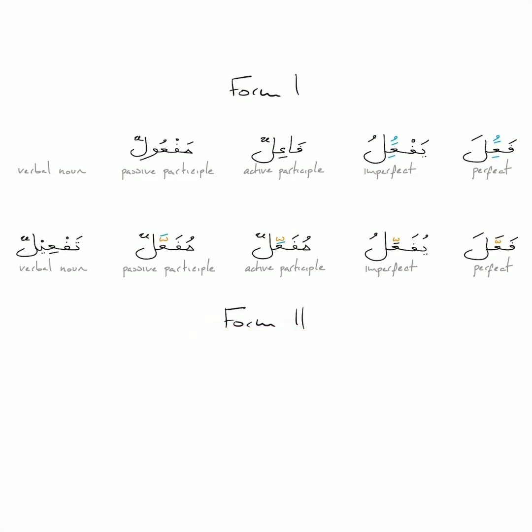So for example, if I have something like kasara, which means he broke, but I might also have kassara, same root letters, but they're on the form 2 pattern. So instead of kasara, it will be kassara.